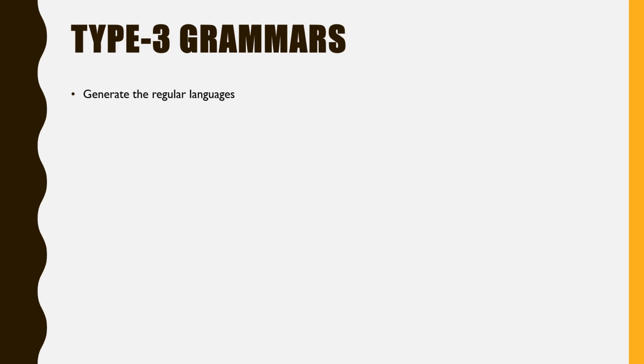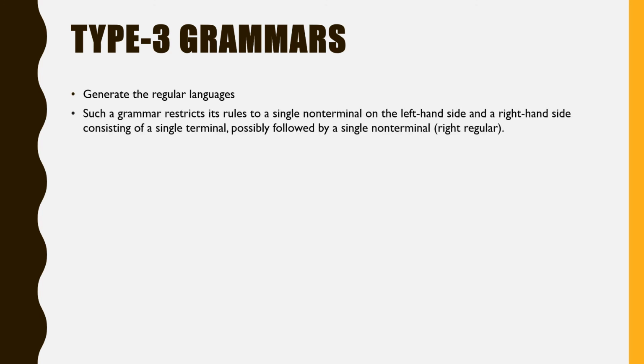Type 3 grammars, the last type of grammars, generate the regular languages, and the grammar productions are of the form a non-terminal derives a single terminal, or a non-terminal can derive a single terminal followed by a non-terminal. If this is the case, then it is called right regular.